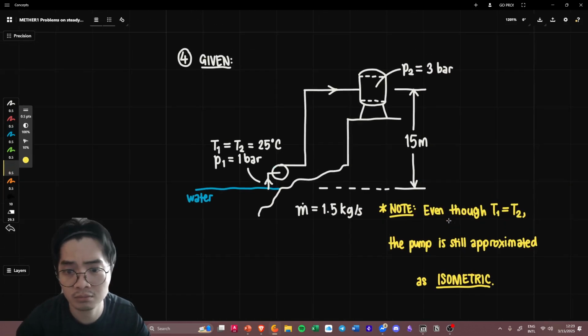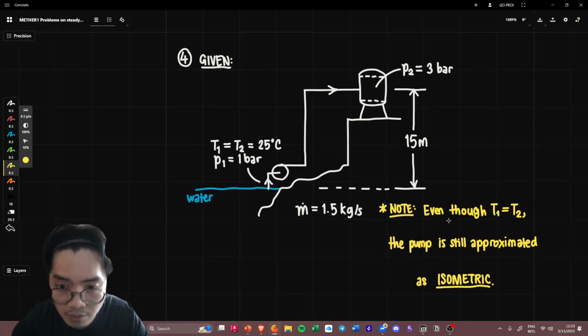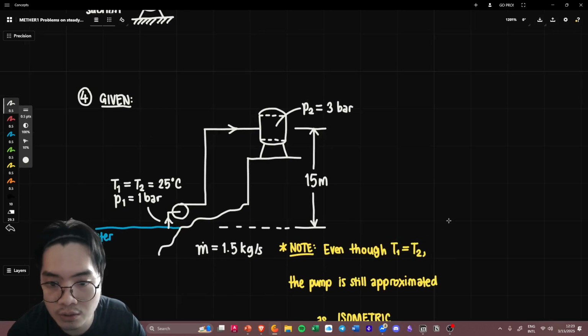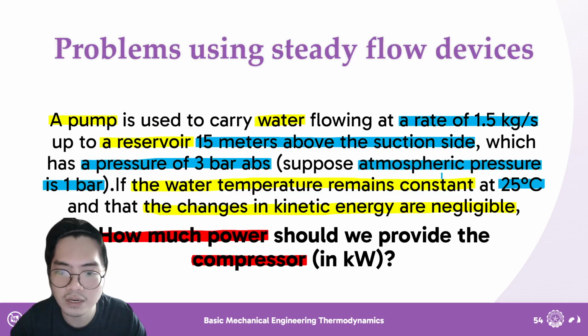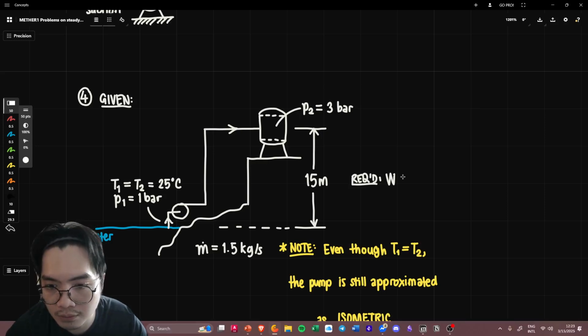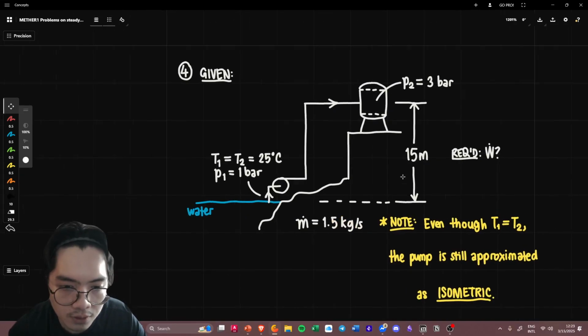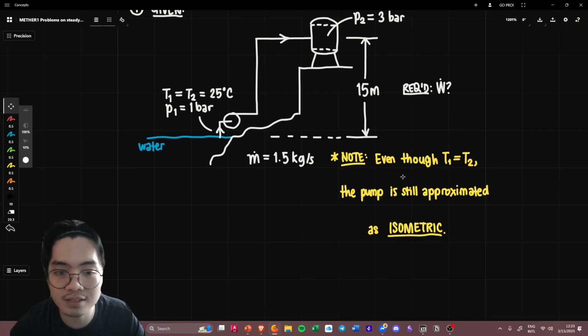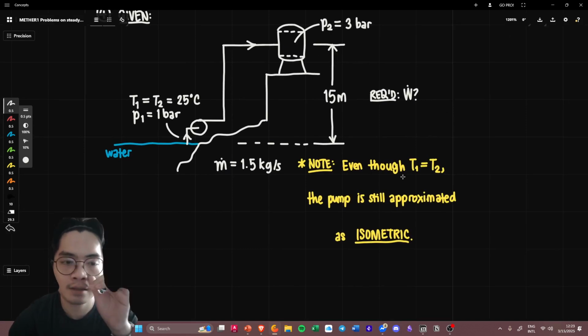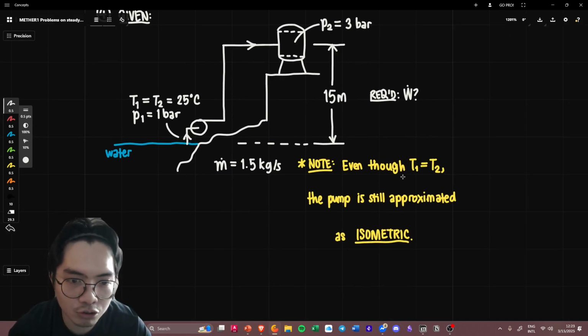Now, there's only one thing that remains. What do we need? We need power, the compressor power. In this case, there are so many unknowns.